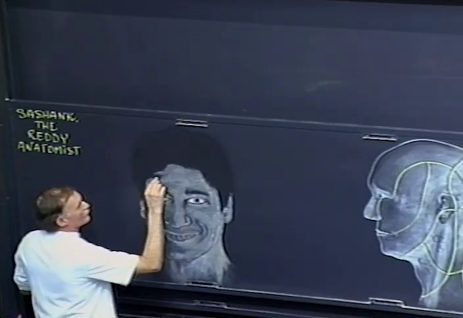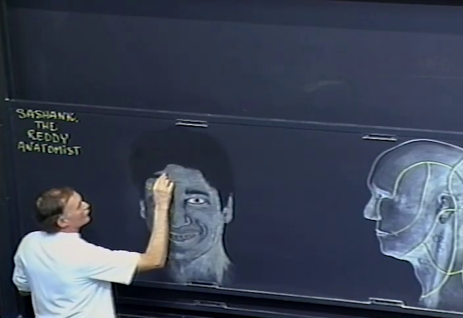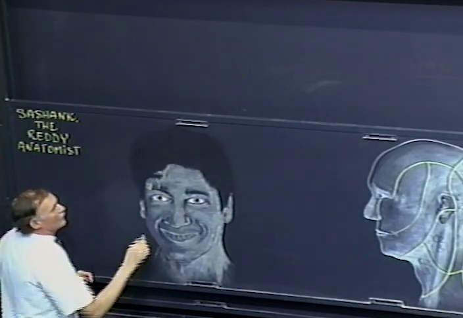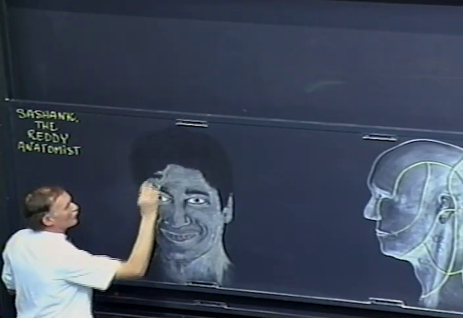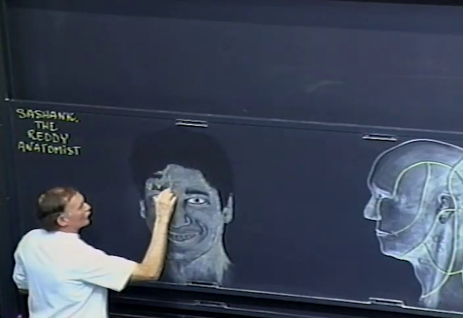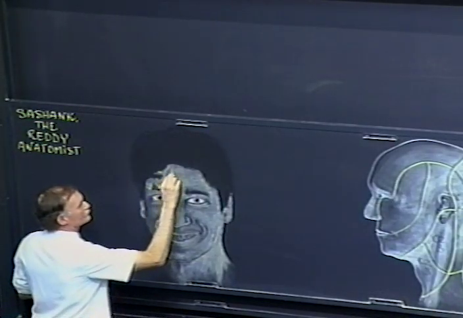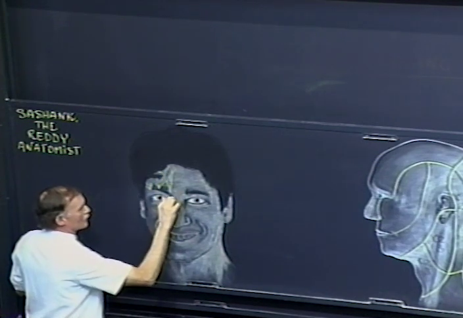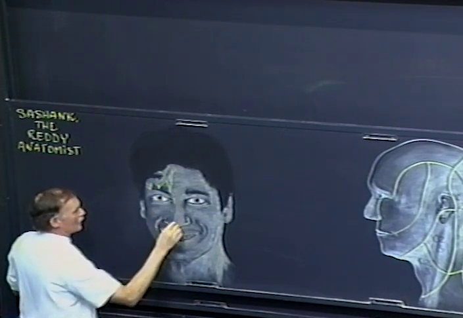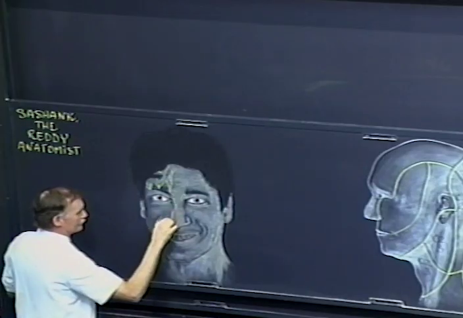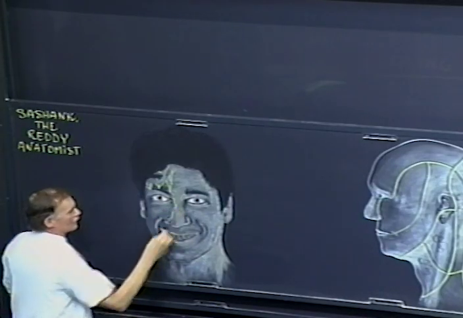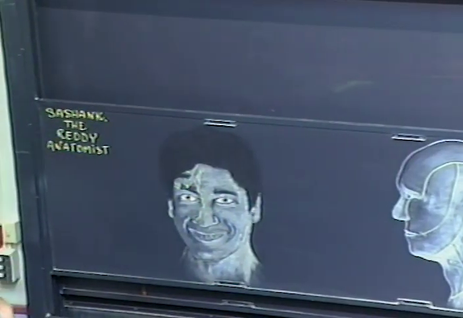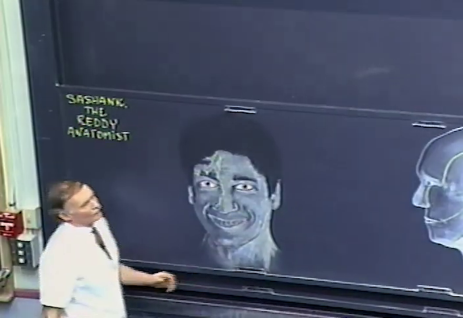Here, up through his curly hair, the supraorbital, supratrochlear, infratrochlear, and external nasal, covering this entire region.